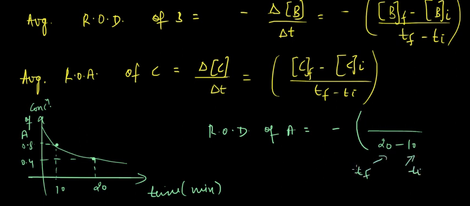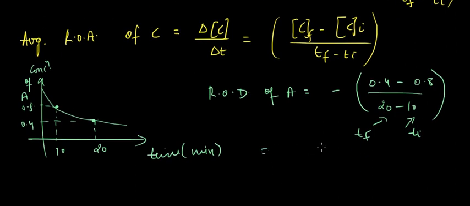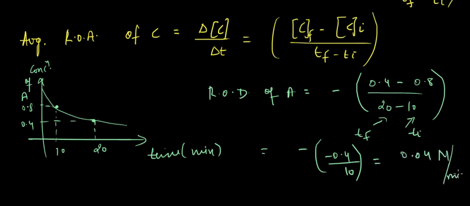And AF would be 0.4 and AI would be 0.8. So rate of disappearance of A would be minus of minus 0.4 divided by 10. So this is nothing but 0.04 moles per minute. Okay, or rather not moles, molarity per minute.